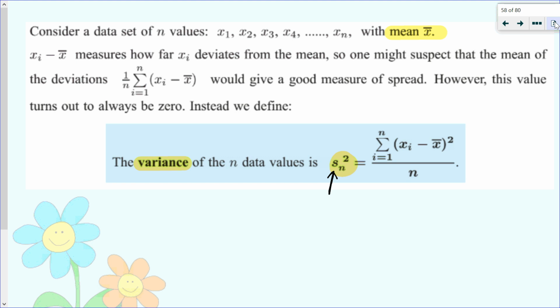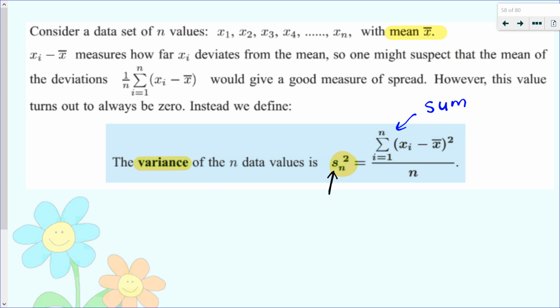Does anyone know what this Greek symbol means here? Sum, yep. So this says we're going to add up from the first data point, that's i equals 1, to the last, i equals n, of x sub i, which refers to all the individual data points, minus x bar.